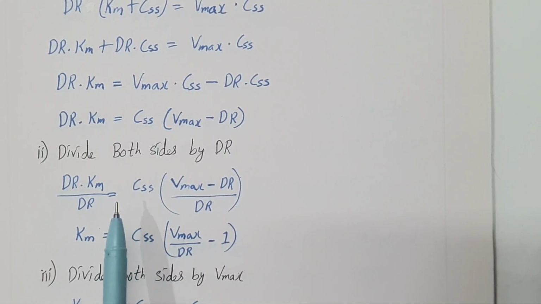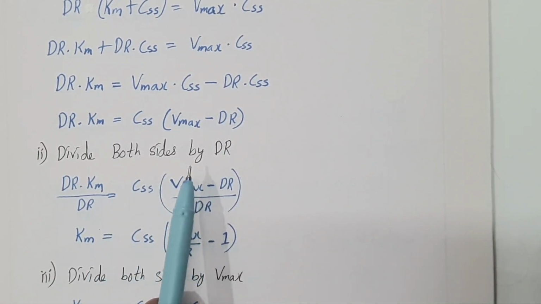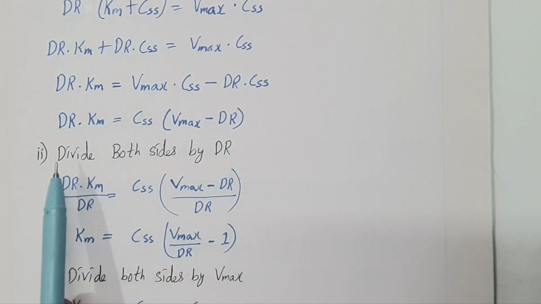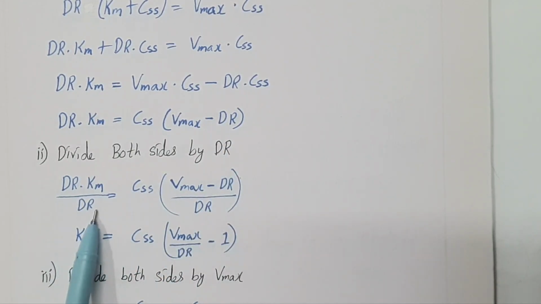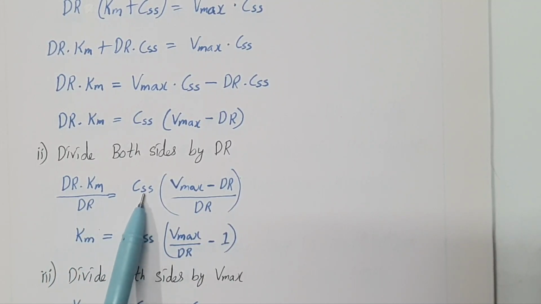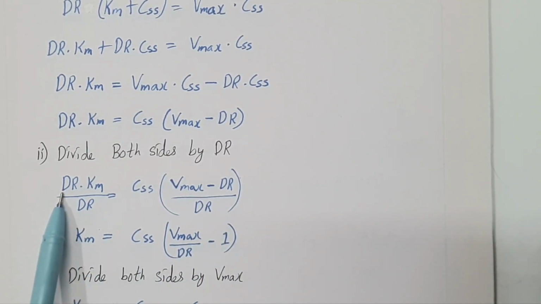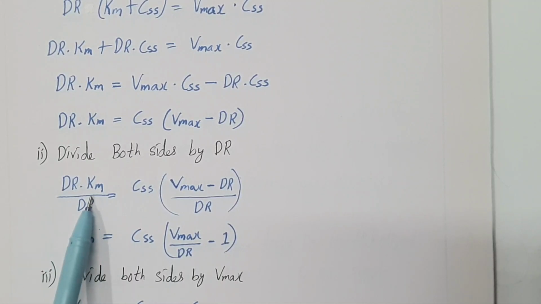The second step is dividing both sides by DR. So DR Km divided by DR equals Css in brackets Vmax minus DR divided by DR. On the left hand side, DR gets cancelled and only Km remains.